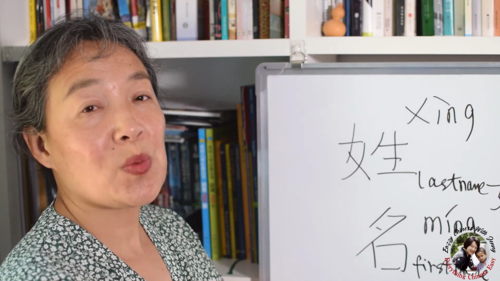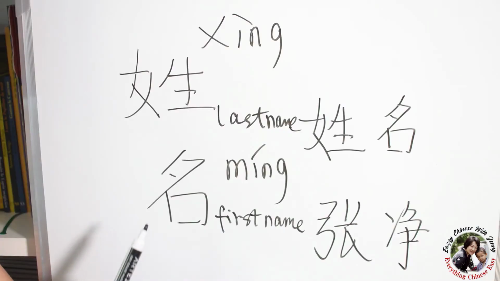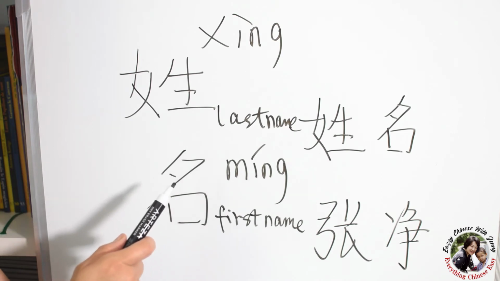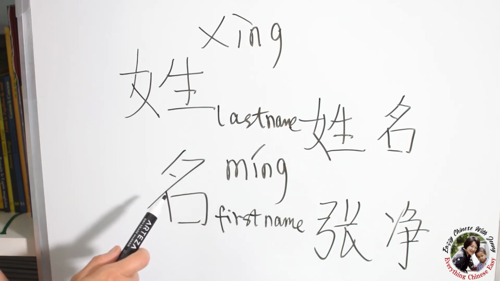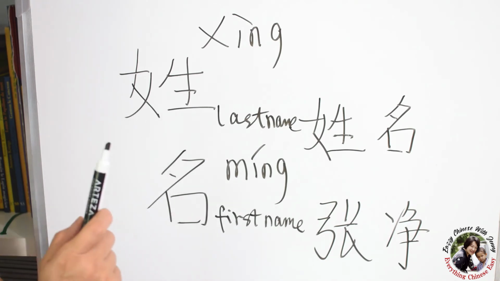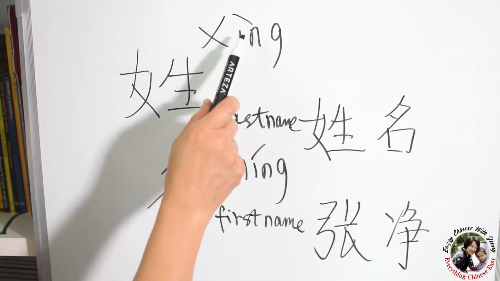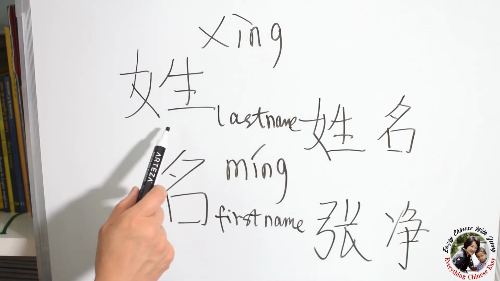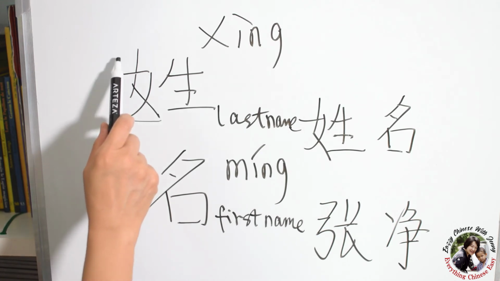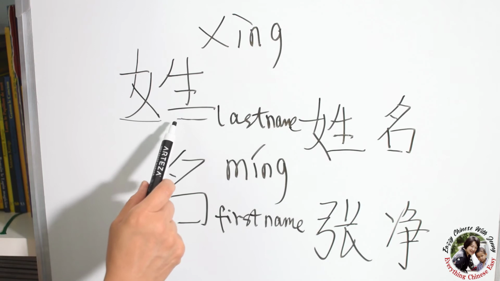Let's learn a few more very important characters for today. Wherever you go or whenever you need to fill in a form, they will always ask you for a name. So these two characters are very important. 姓, xìng, means last name. Remember, 女, this part means woman. 生 means gave birth.